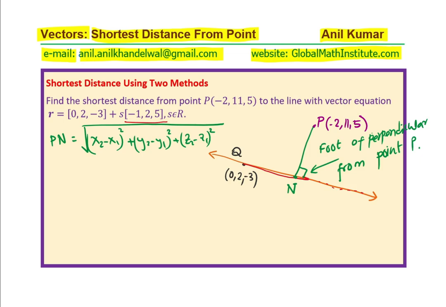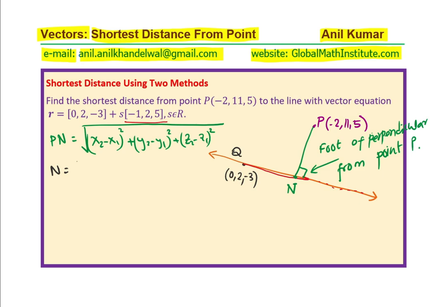Point N could be some value of s, right? So we can say point N is basically equal to (0, 2, -3), and for some value of s, let's say t, that gives you the coordinate point. So let me write down like this.